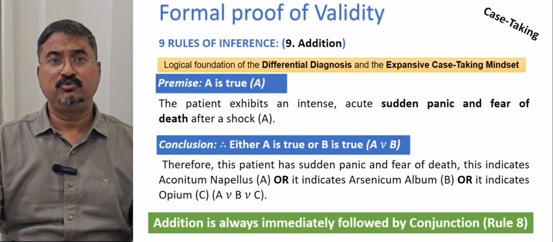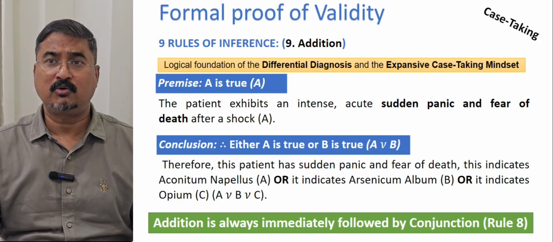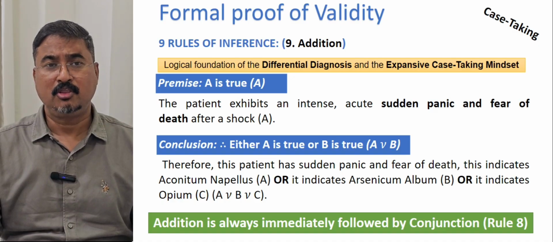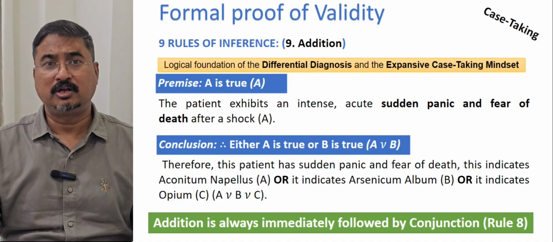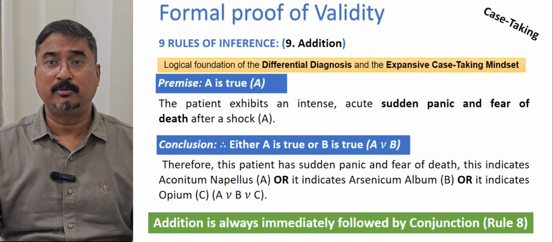Here, imagine a junior homeopath who hears only the symptom sudden panic after a shock and immediately prescribes Aconite napellus. That may be immature. The rule of addition reminds us that one confirmed symptom does not necessarily point to only one remedy.